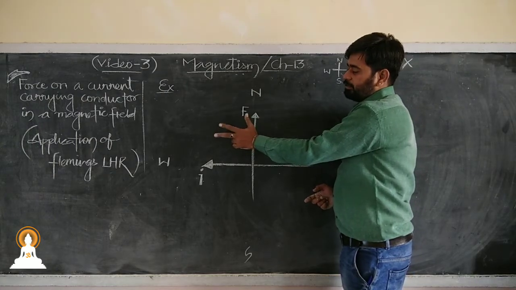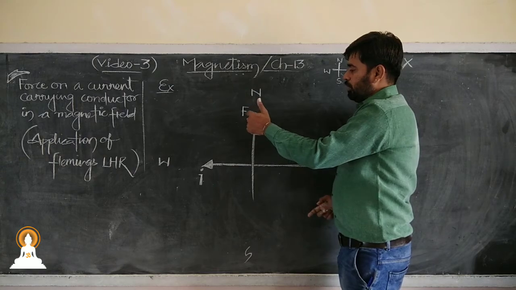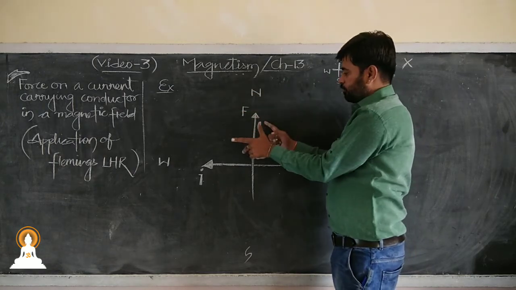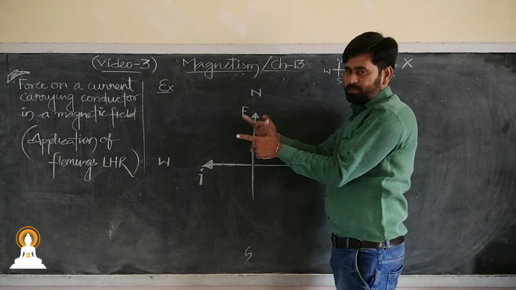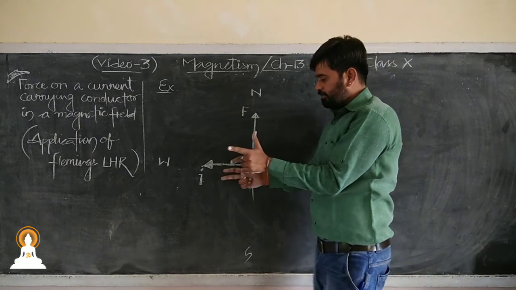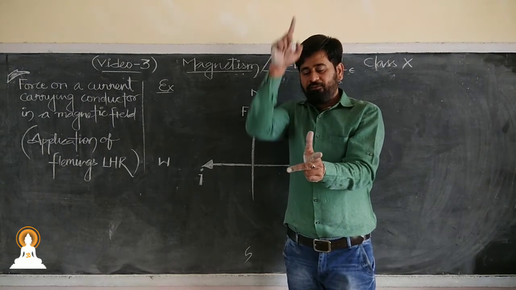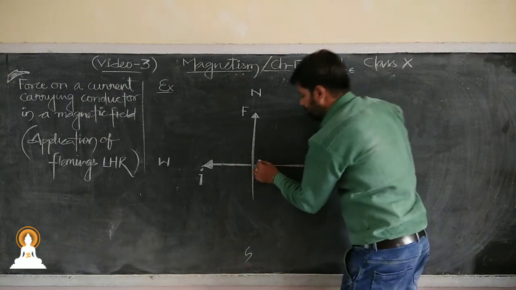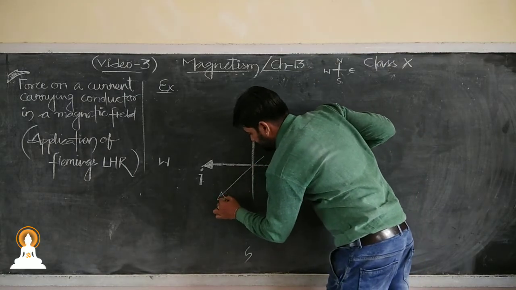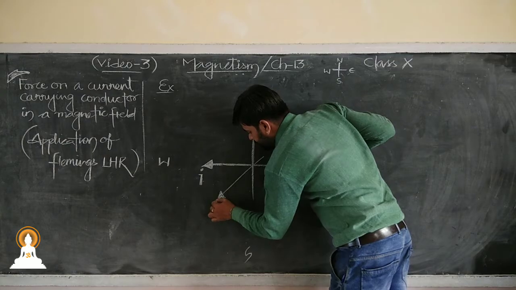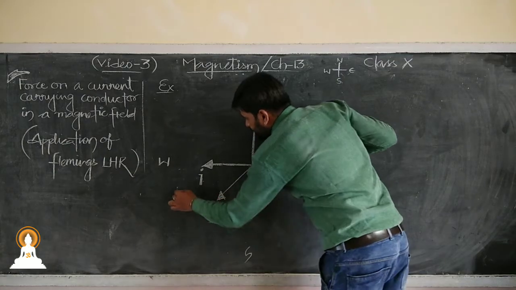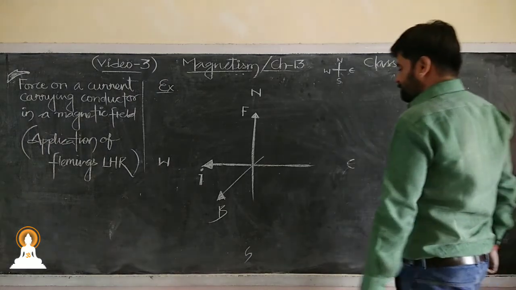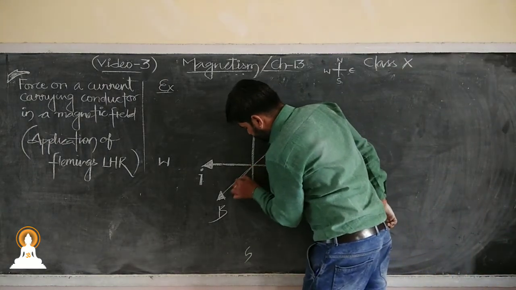If I arrange them like this, this is the force F, this is the direction I, and this will be the direction of magnetic field. So the magnetic field will come out of the page. This will be the direction of magnetic field.